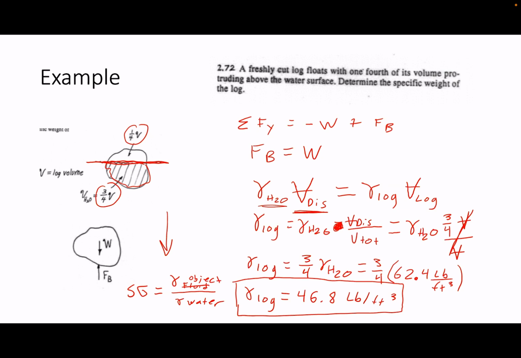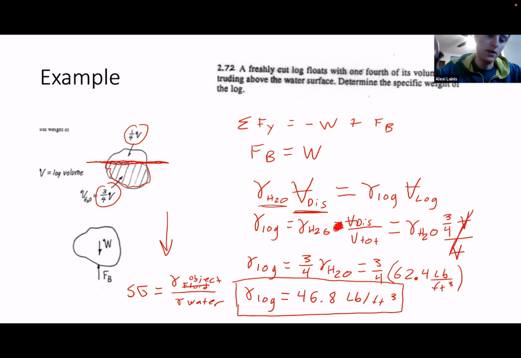I'm confused on how you go from the line gamma H2O times displaced volume to the next line where you have the displaced volume over the total volume. I don't know where the volume of the log went, basically.